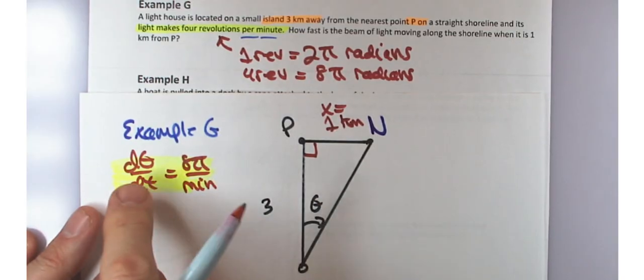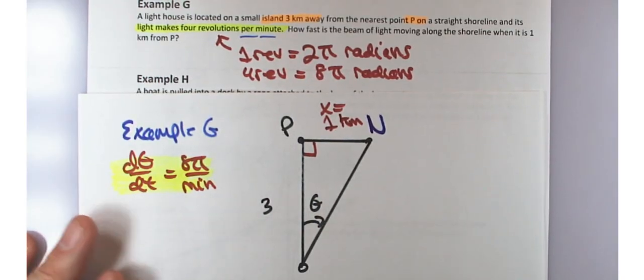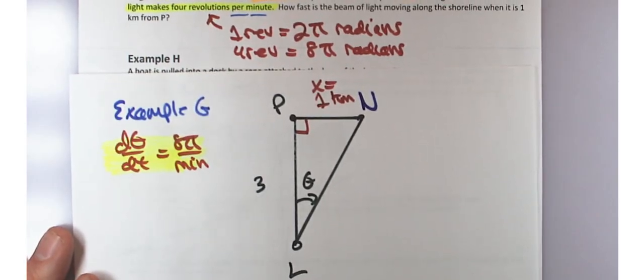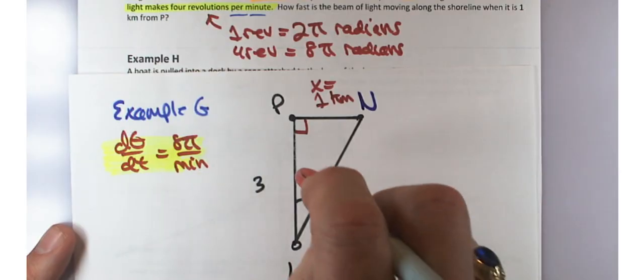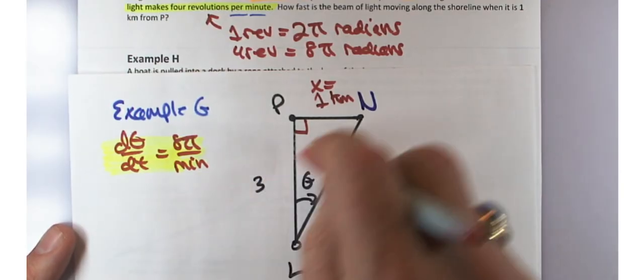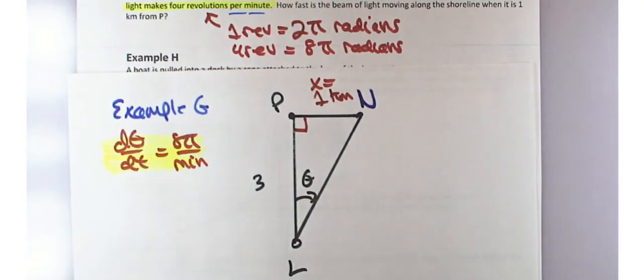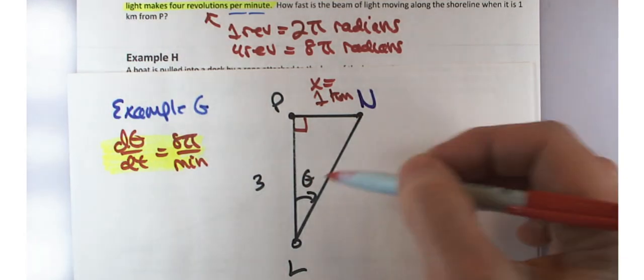I need to differentiate something that involves theta. So let's think back to our trigonometry. What can you think of that would involve the theta, 3, and the x here? Do not say Pythagorean theorem. I'll scream. Pythagorean theorem doesn't involve theta here.